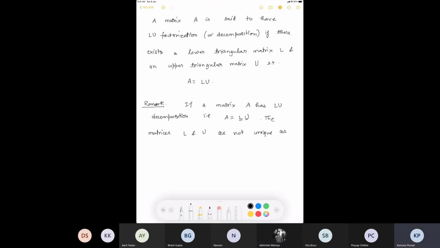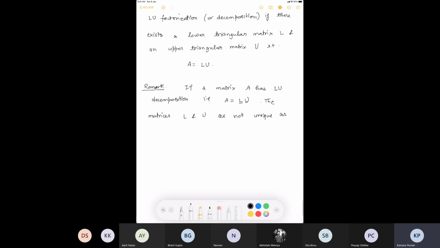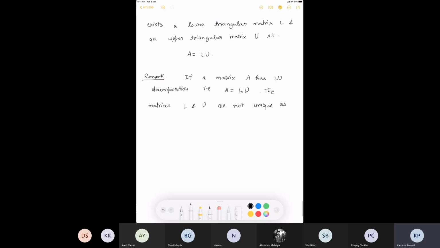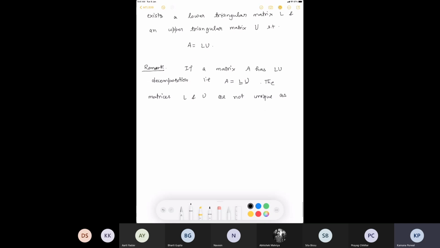Okay, so first of all, when I say here L into U, where L is lower triangular and U is upper triangular, the diagonals don't necessarily have to be one. In the matrix L, you can have general diagonal elements, say L_ii, and in U, you can have general elements U_ii. So what you are telling is a way of making it unique. But as we are saying that this is not unique, let me first justify why.